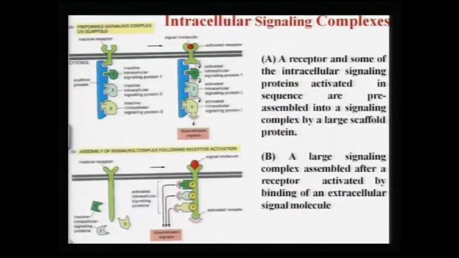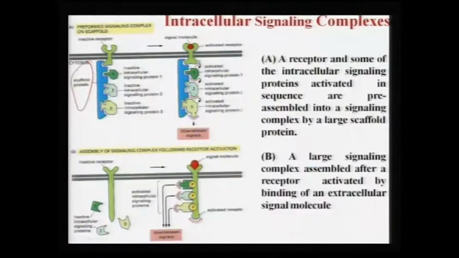Similar molecular switch activity has been mentioned here, you see. So, this is your large scaffold protein. You can consider the scaffold protein like a base, a large structure of the protein molecule, where the smaller intracellular signaling molecules, like 1, 2, 3, can be attached. Okay. These are the smaller signaling molecules.